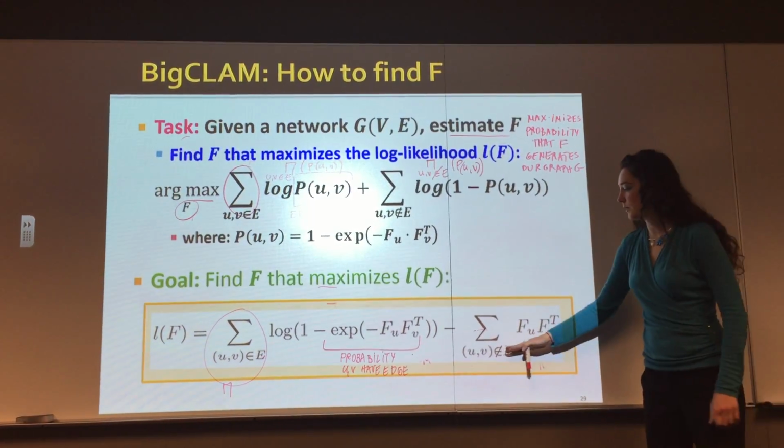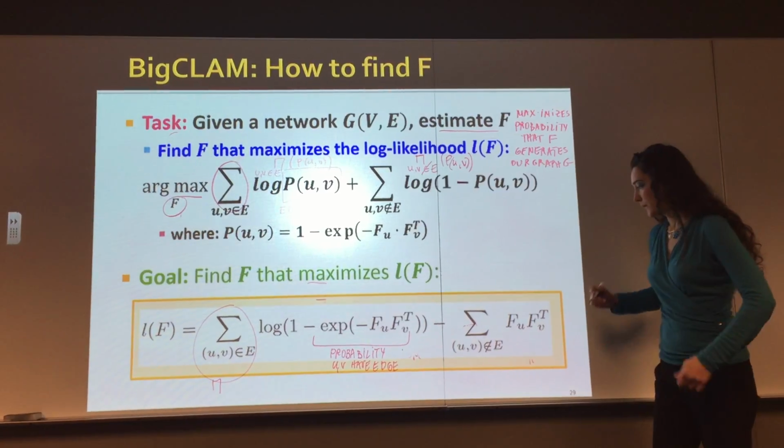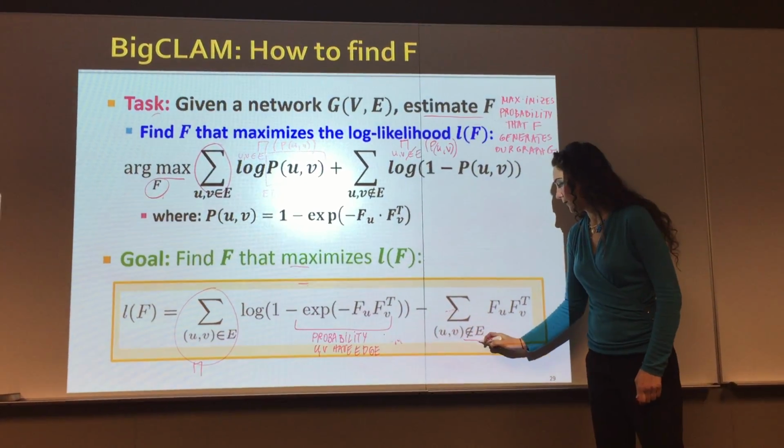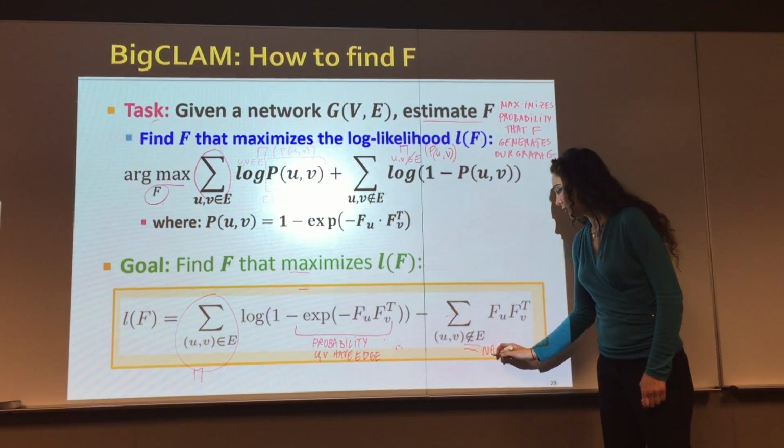And out of that, we are subtracting the probability that they do not create an edge.